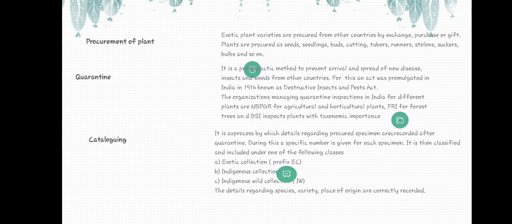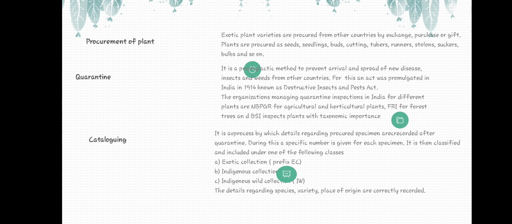These plant materials can be anything, such as seeds, seedlings, buds, plant cuttings, tubers, runner, stolon, sucker, bulb, or any vegetative propagule that can be obtained from another country. So that is the procurement.